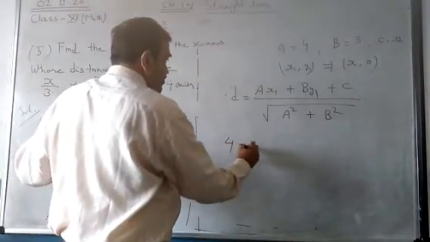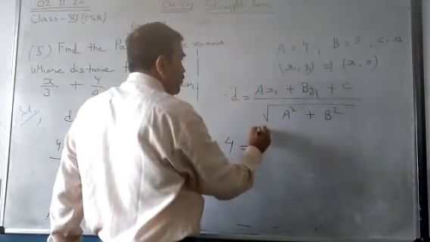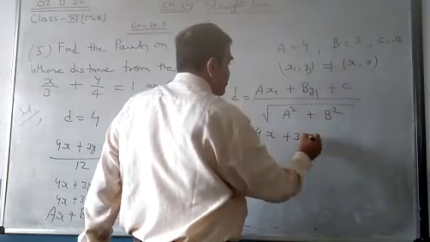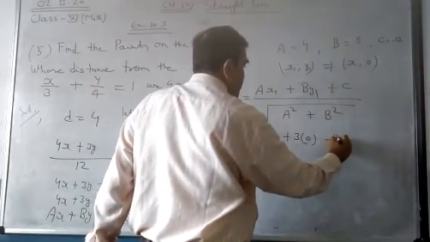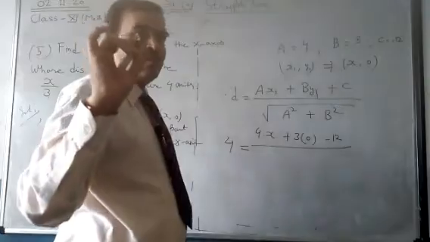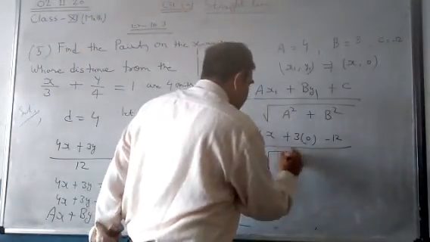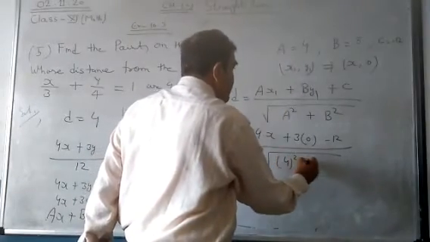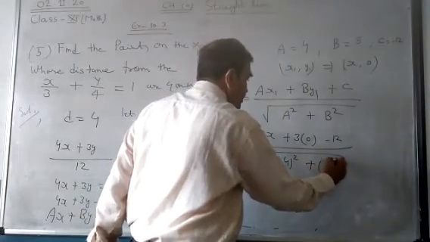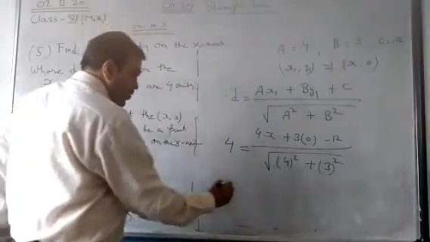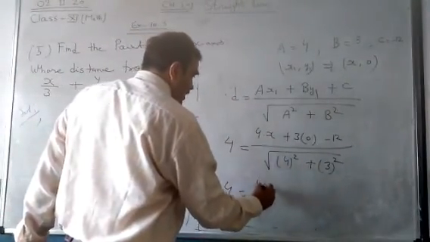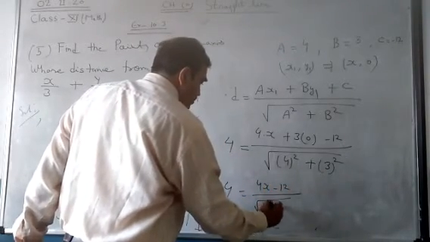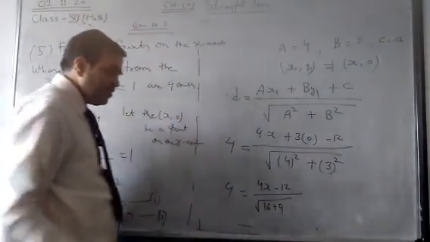So 4 equals |4 into x plus b into y1, which is 0, plus c, which is minus 12| upon under root a square, a is given 4, 4 square plus b is 3 square. So 4 equals |4x minus 12| upon under root 16 plus 9.